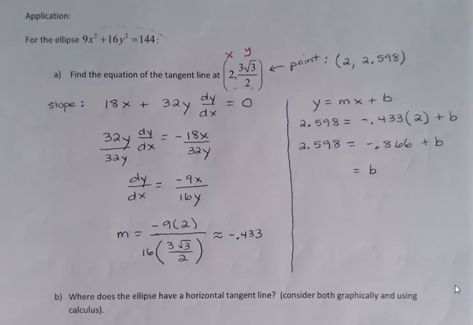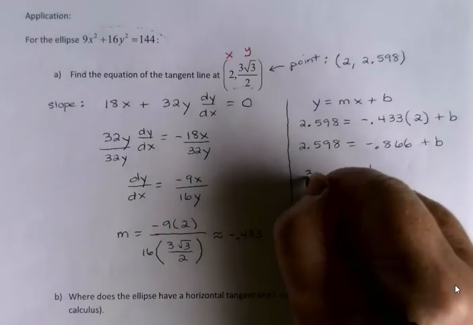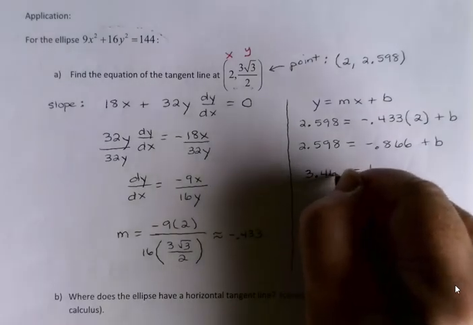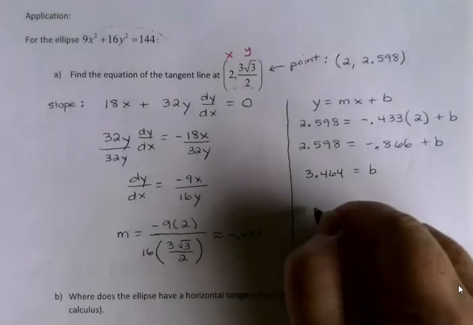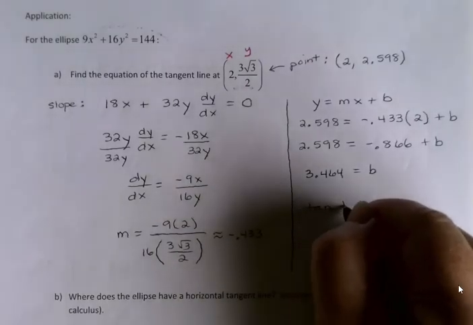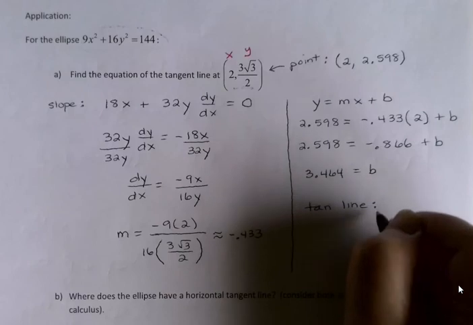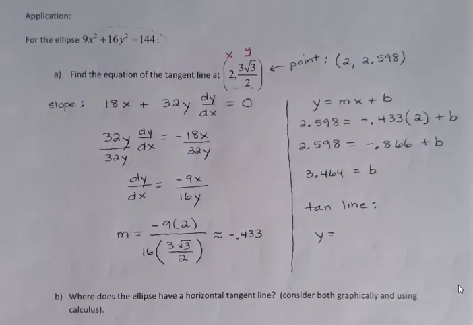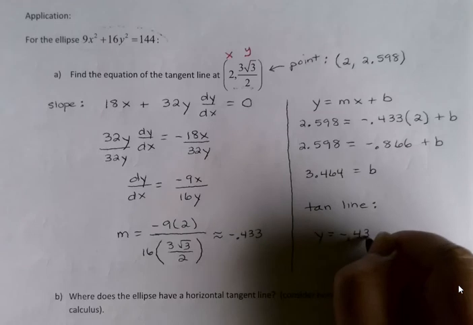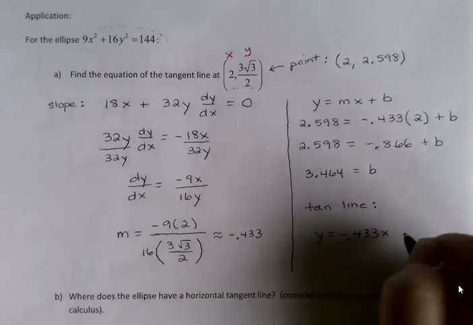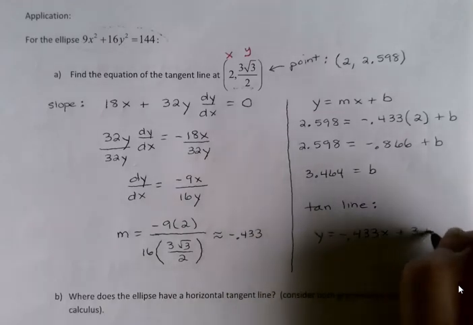And we'll add there to get a b value, 3.464. So my tangent line is y equals negative 0.433x plus 3.464.